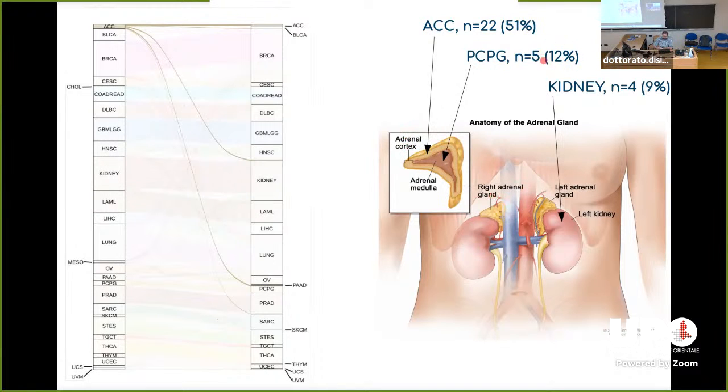But there is a 12% that are actually classified as PCPG, which is the tumor that derives from the medulla of the same organ. And 9% of those actually are categorized as tumors deriving from the kidney. So even if those PCPG and kidney classifications are off, are wrong, because they are not ACC, they still didn't fall too far away from the right tissue of origin for the tumor.